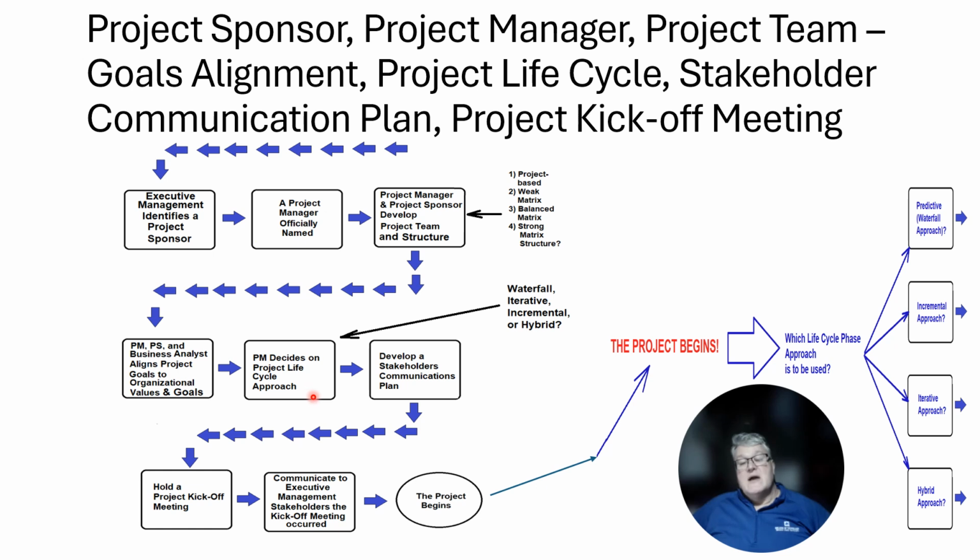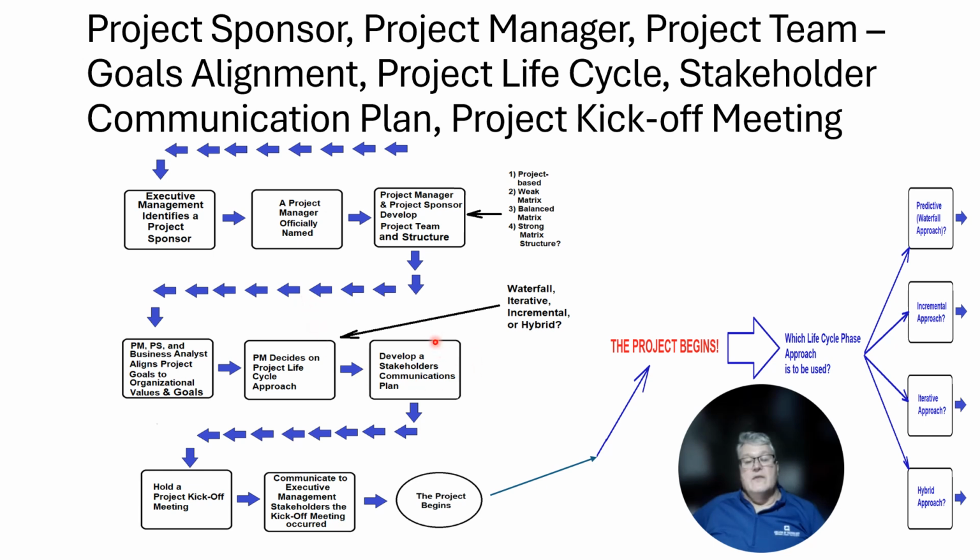So next in the process, the project manager decides on a project lifecycle approach, and obviously they're going to get approval from the project sponsor, who will likely go back to executive management, and they will sign off, or at least give some tacit approval to that approach.